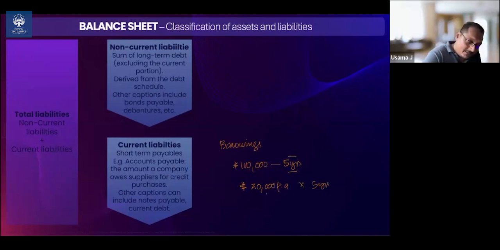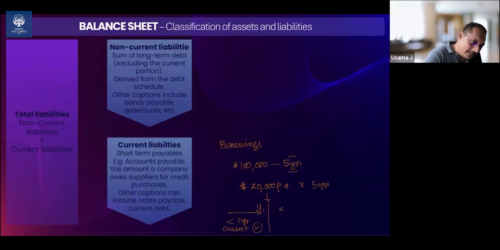See, one of these $20,000 is relevant to the current year, which means it is less than a 1 year period, right? This will be recognized where under current liabilities.